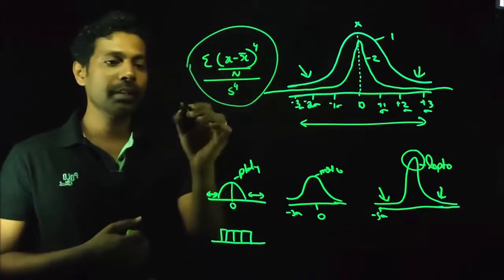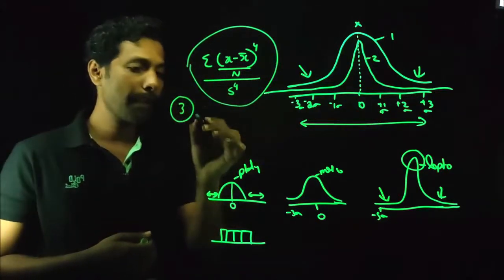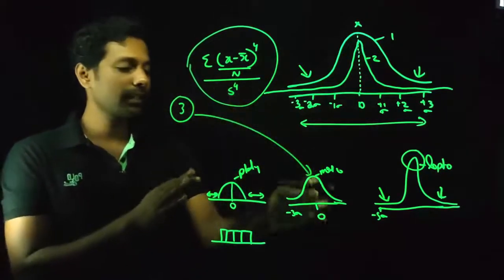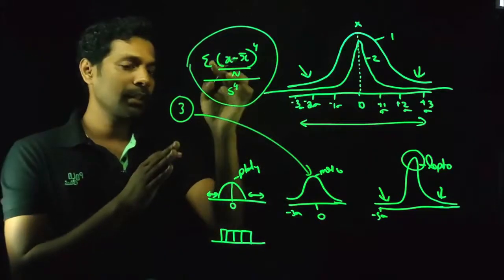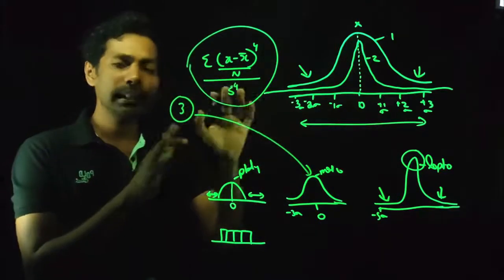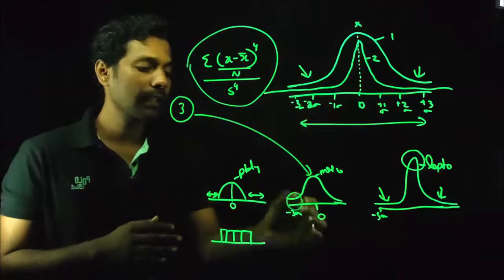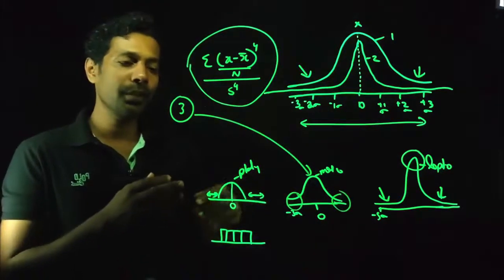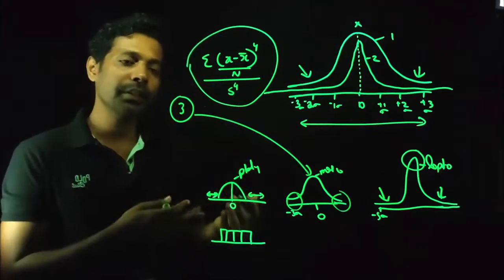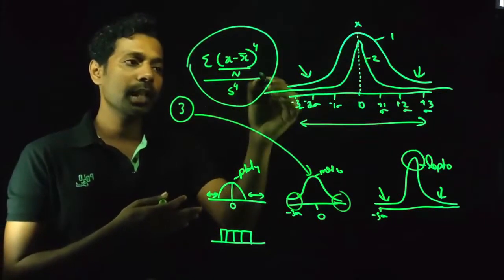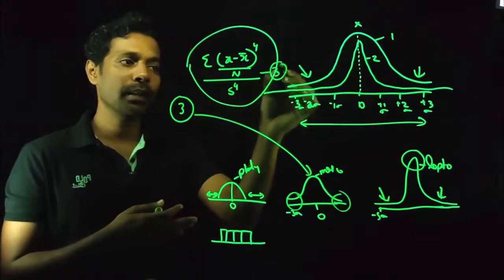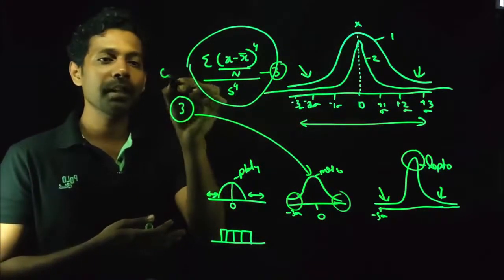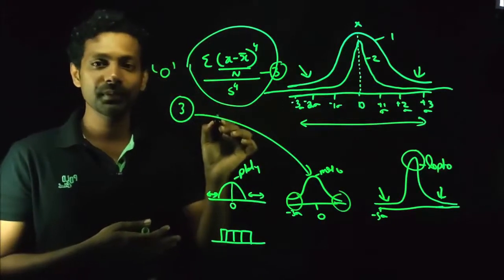Now this score tends to be 3 for a mesokurtic curve. Generally for a mesokurtic curve, the kurtosis value tends to be 3. It is an indication of how much data is on this side and this side. Some people reworked this equation and included a minus 3 part, so that for a mesokurtic curve the kurtosis value becomes 0.